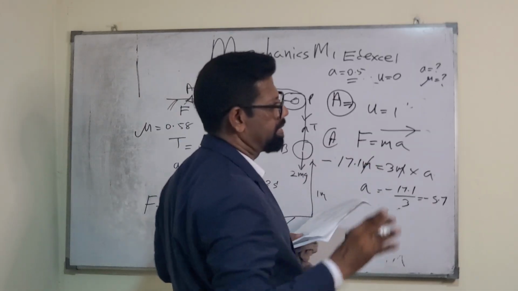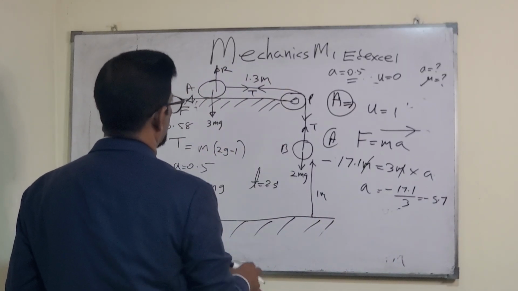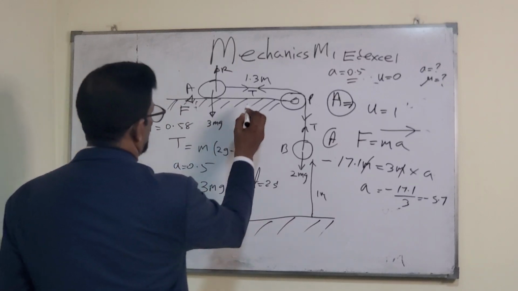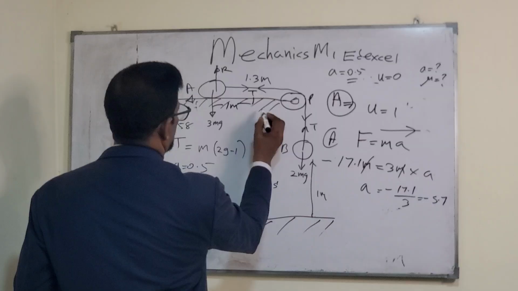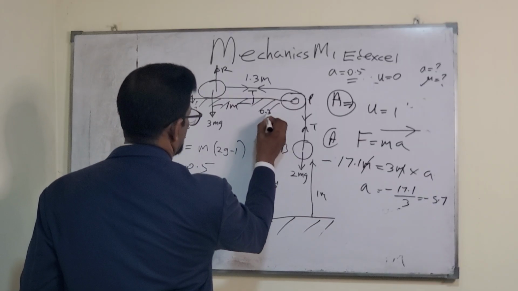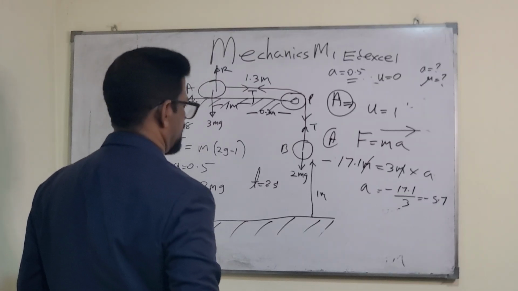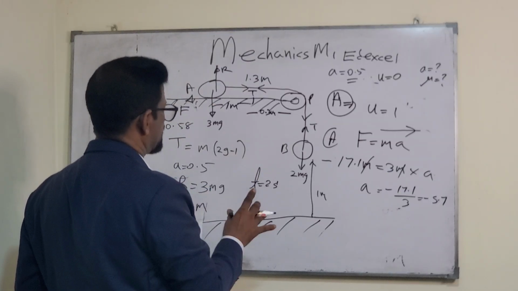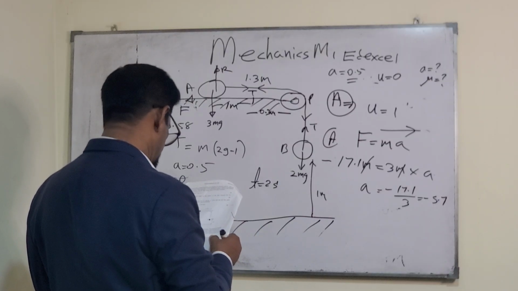This we use to find the distance travelled. After 1 meter travelled, there is another 0.3 meters. Then we find this travelling distance, and if it is less than that value, it does not reach the pulley.